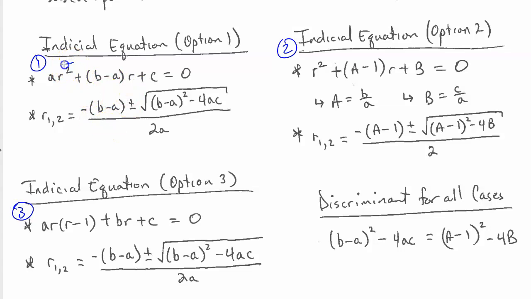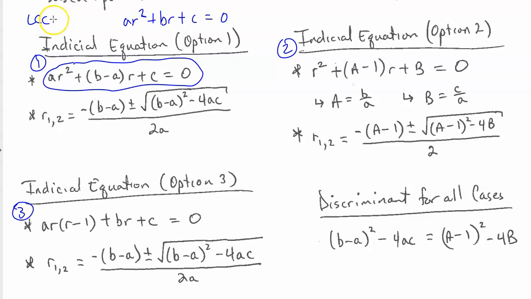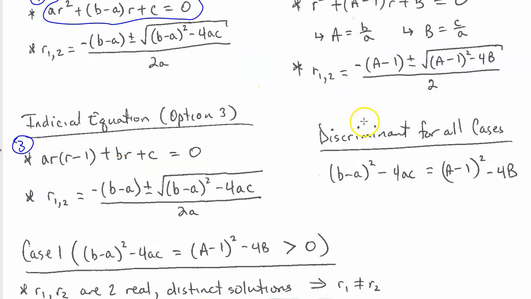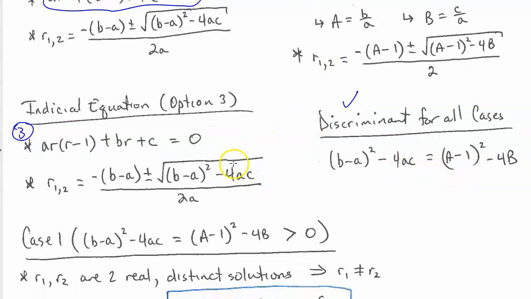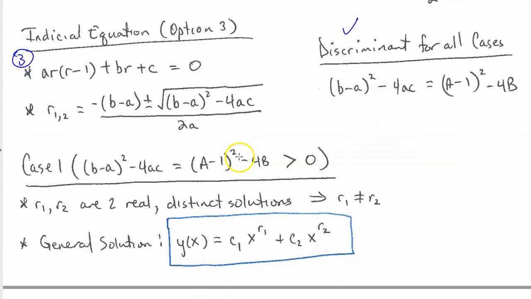Personally, I will be using this form in this video just because it is very similar to the characteristic equation for a linear constant coefficient ODE of second order. And here, of course, I identify what the discriminant looks like in both of these cases, if that's something that is of importance to you.